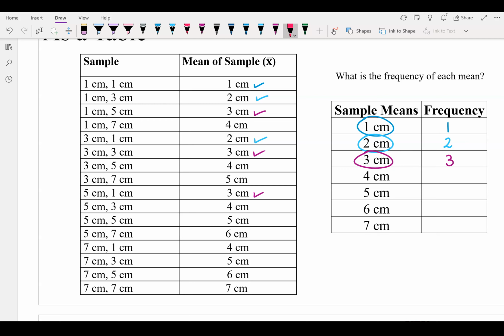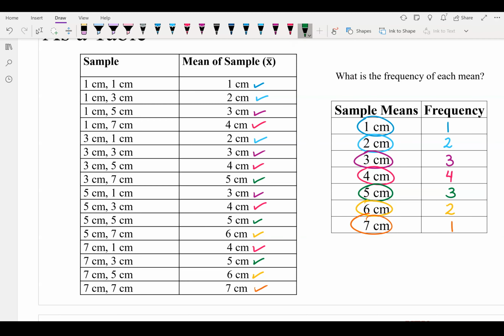I might as well do the rest with you. 4 centimeters, 1 time, 2 times, 3 times, 4. Let's keep going. How many times 5? 1, 2, 3. And then let's see. 7 comes up once.